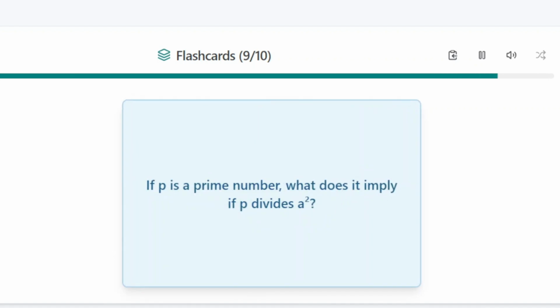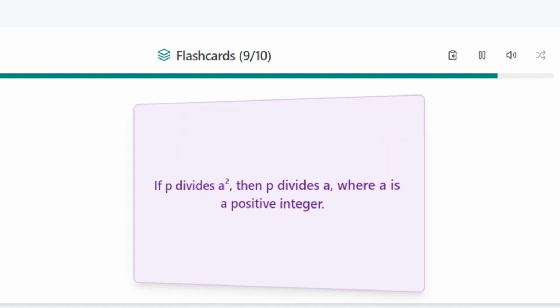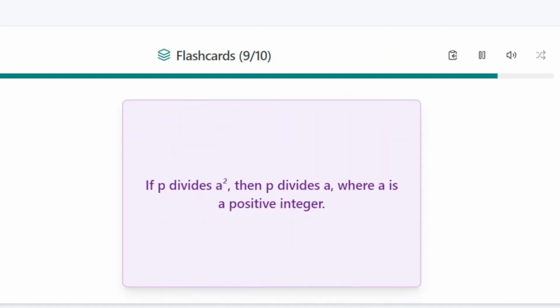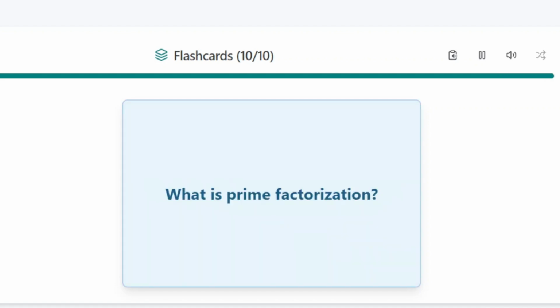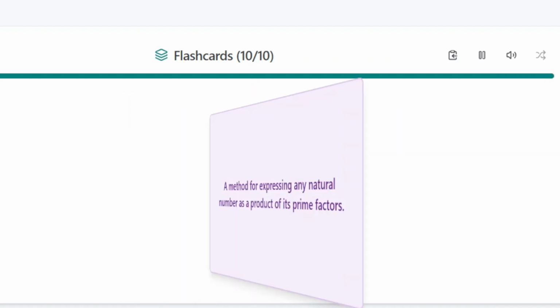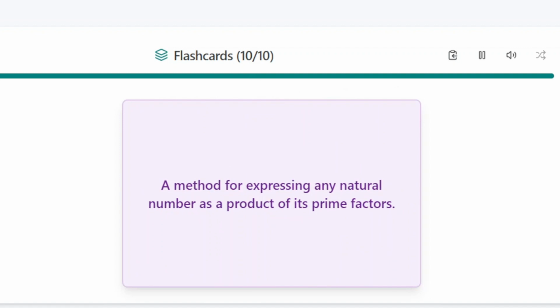If p is a prime number, what does it imply if p divides a squared? If p divides a squared, then p divides a, where a is a positive integer. What is prime factorization? A method for expressing any natural number as a product of its prime factors.